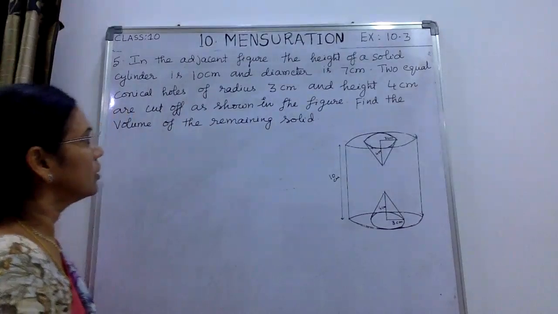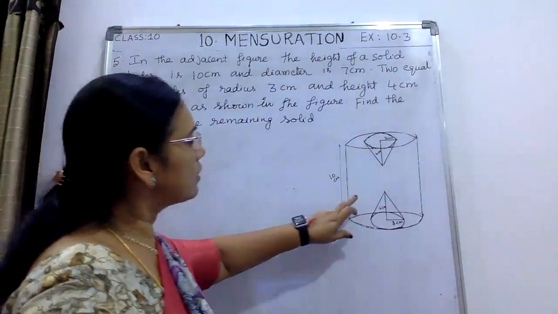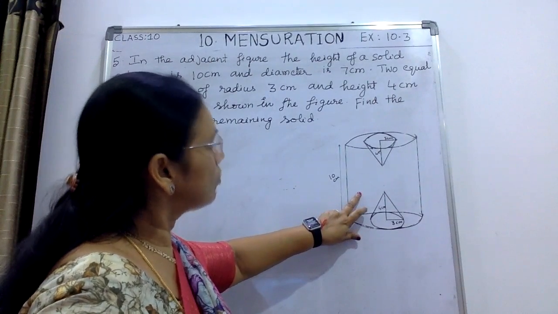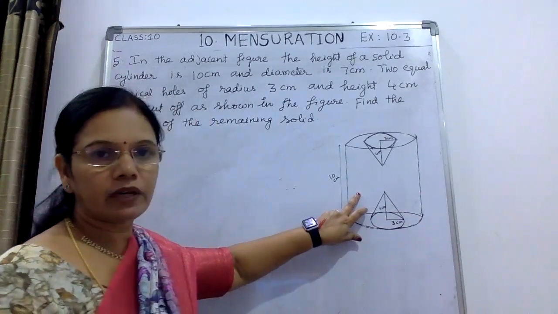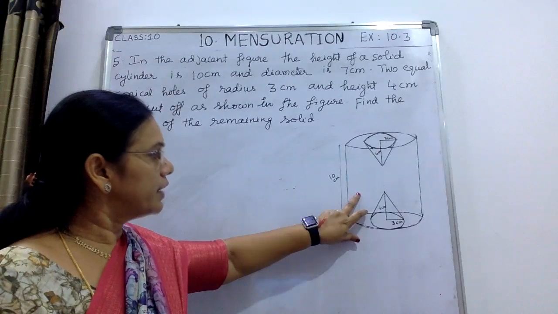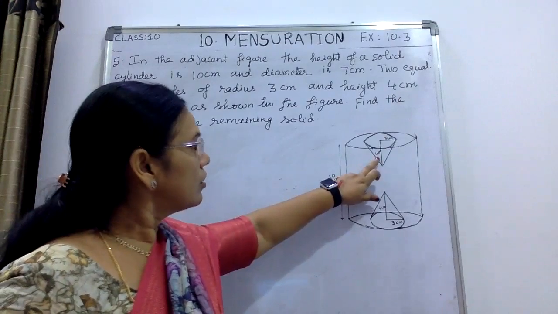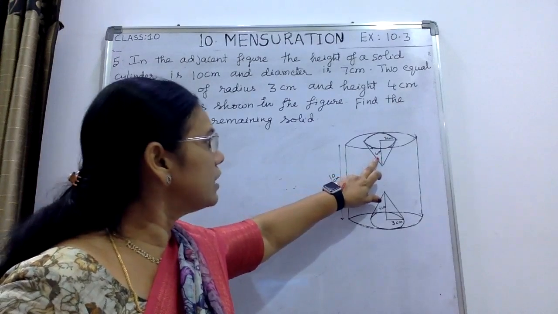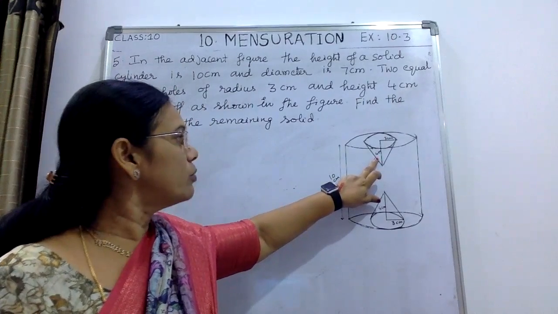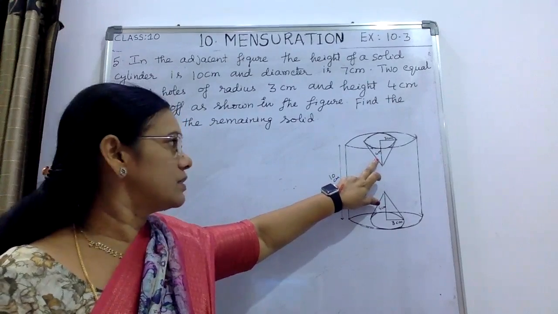What should we do? So here, first of all, to find the volume of the remaining solid, we need to find the volume of the complete cylinder shape first. Then in the next step, we need to find the volume of a single conical shape, and then by using that we need to find the volume of two conical shapes because these two are the same in measurements.